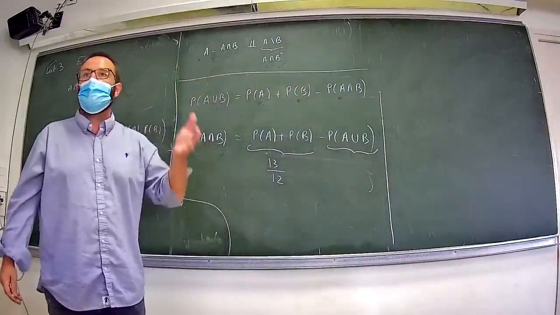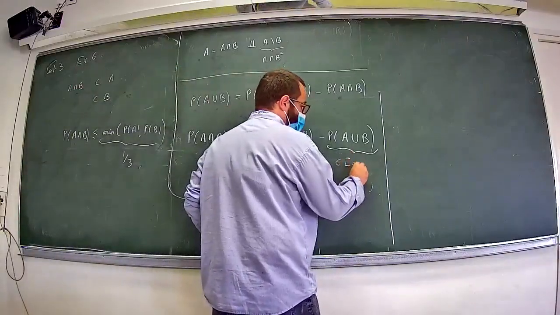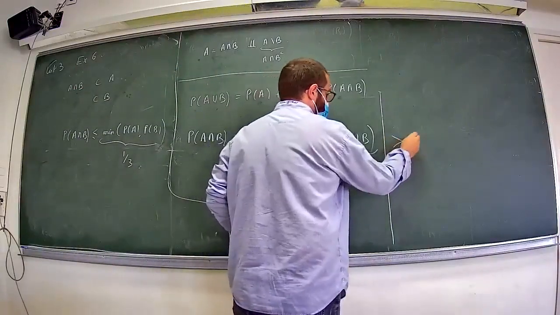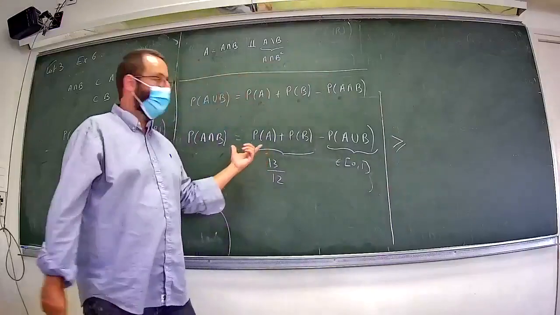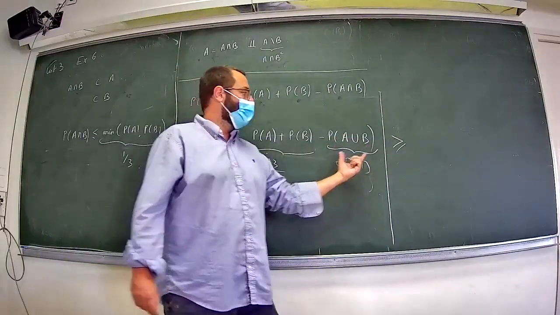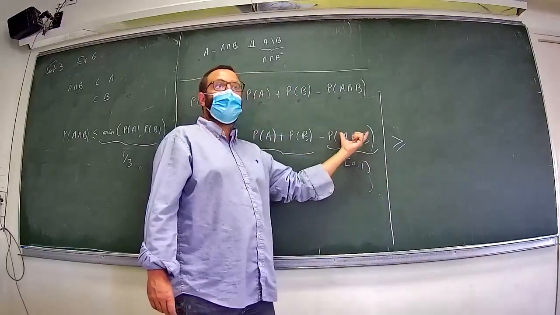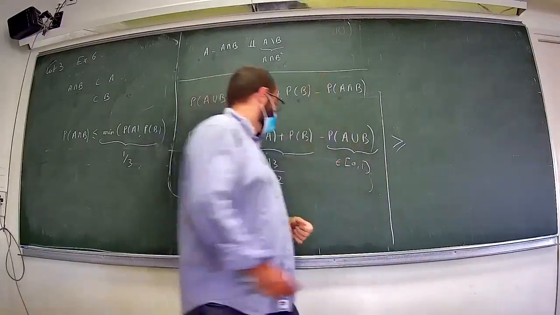It's a probability, so it is between 0 and 1. So it belongs to the interval [0, 1]. So when you do the sum of one number minus an element that is in [0, 1], it will be greater for sure than what happens if I take the maximum for this value here, that is 1.